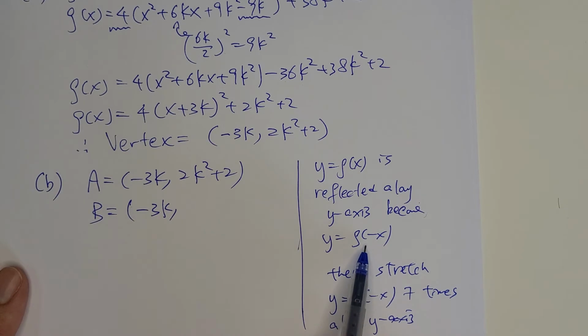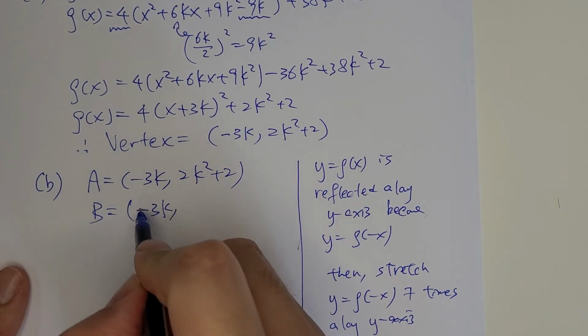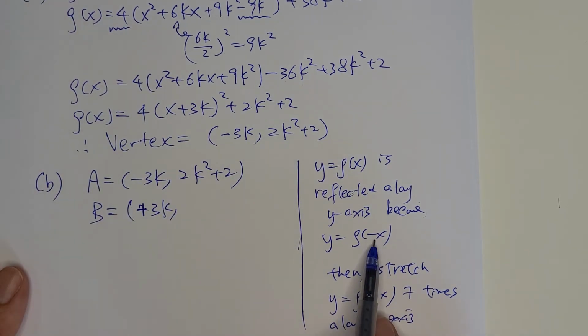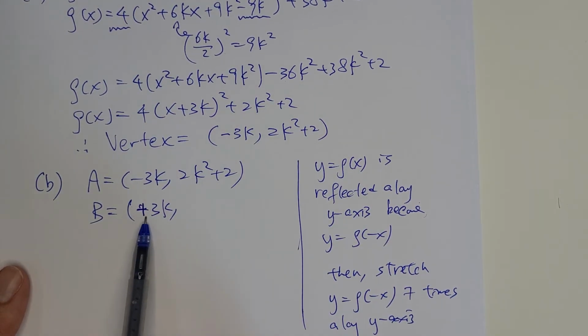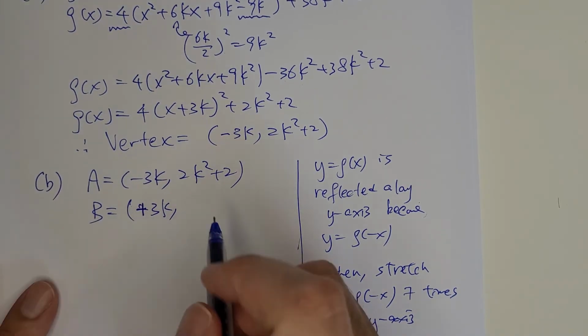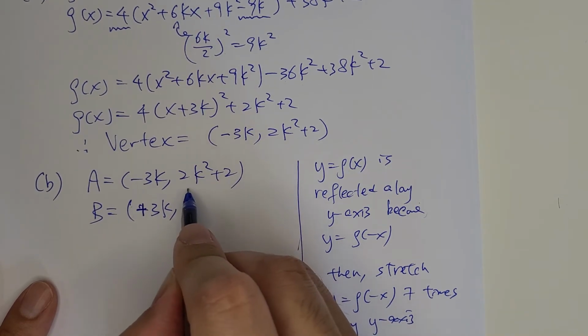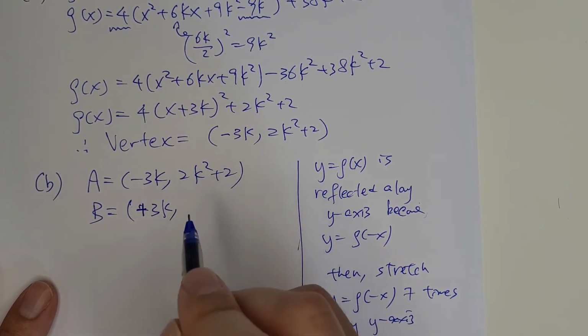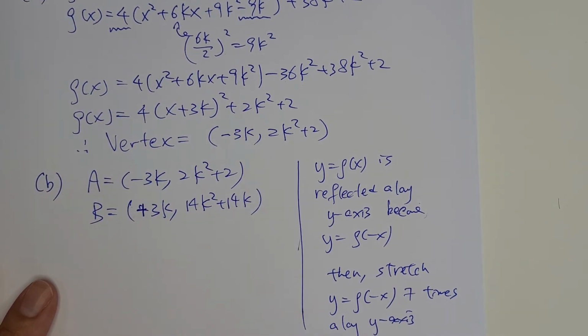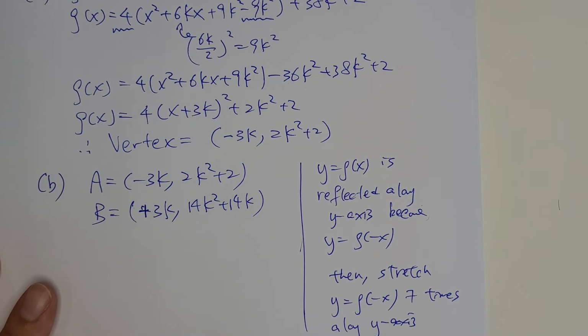First of all, it should be positive, because it changed the x coordinate from positive to negative, or it multiplied with the negative sign here. So it is a positive 3k now. And then here, multiply 7 times, that becomes 7 times 2k squared plus 2 with the bracket. So there's 14k squared plus 14. That is the vertex B.